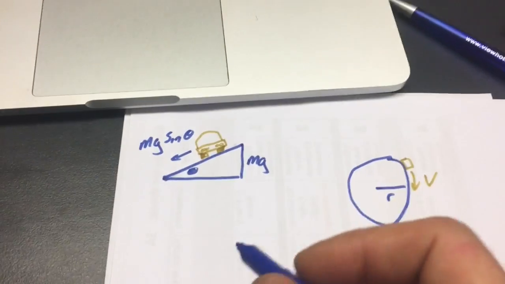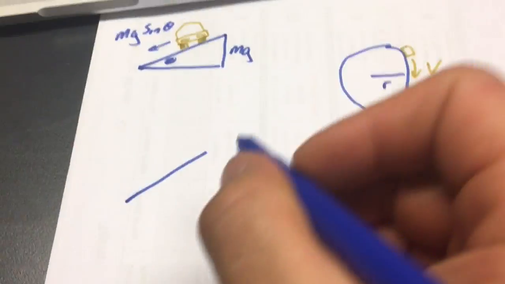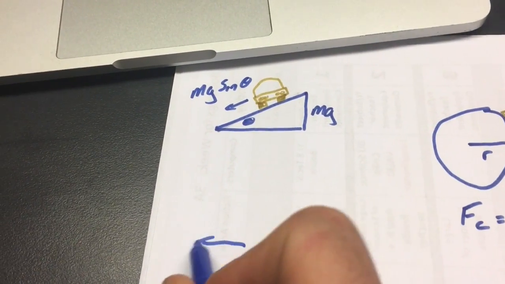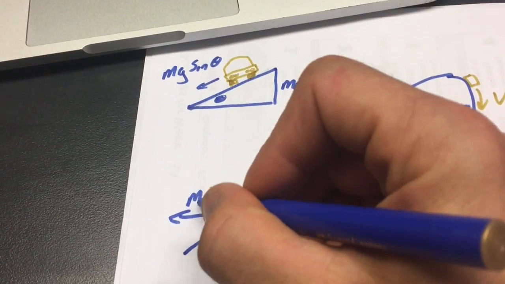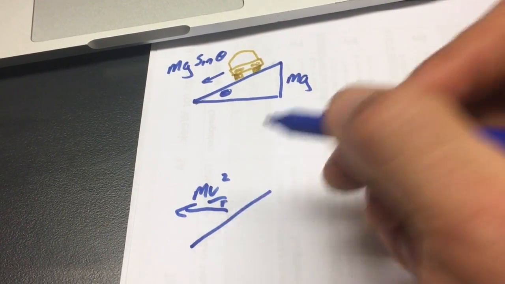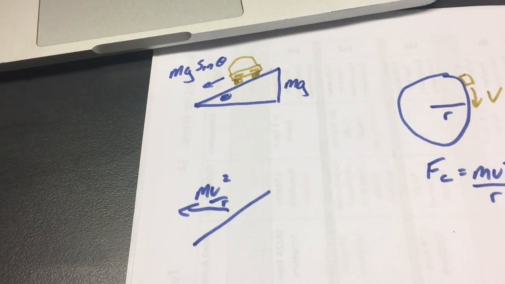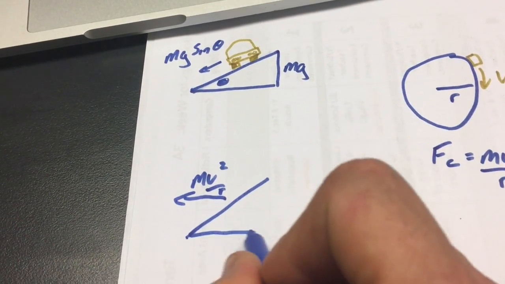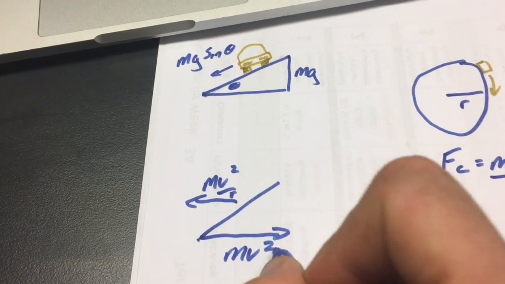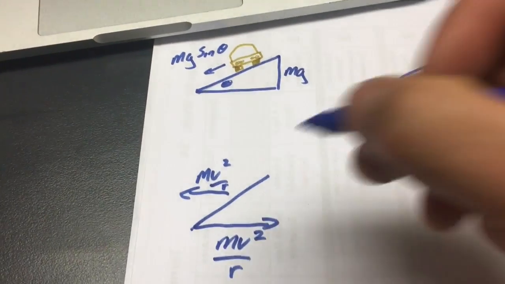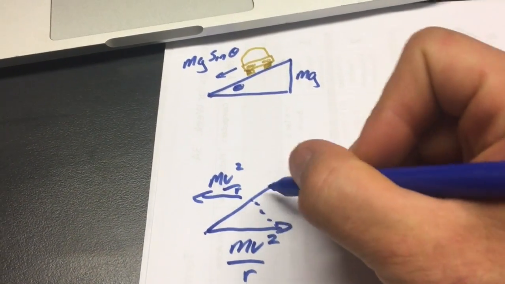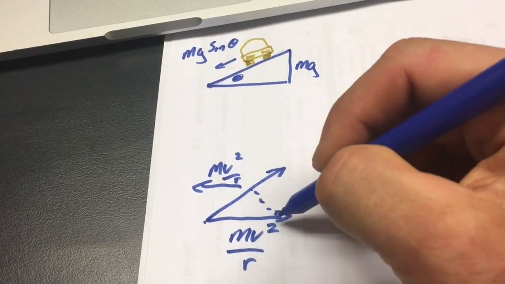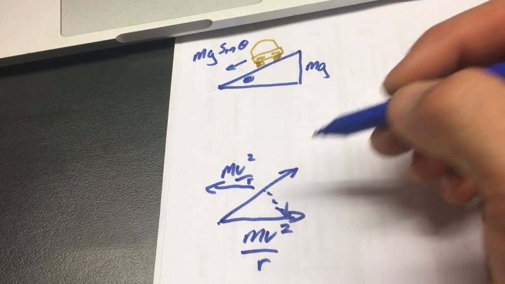Let's try looking at the reverse situation. Here's our track, and we know that it is exerting a force of mv squared over r on the vehicle. That means that the vehicle is exerting the same force on the track, mv squared over r. And so we know that part of that is going up the track, and part of that is going into the track.